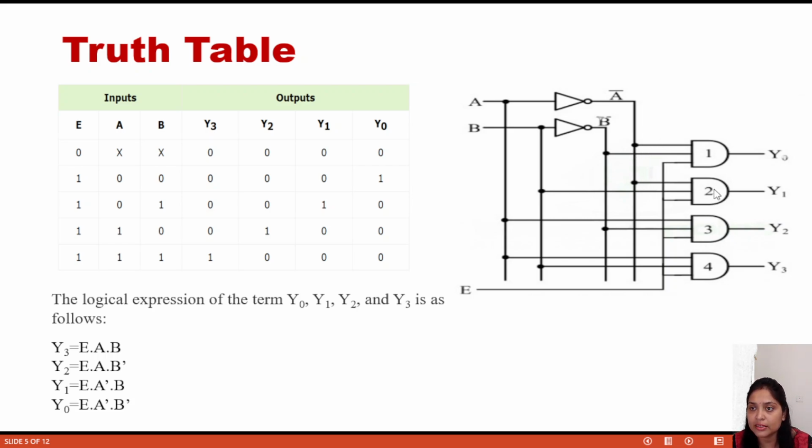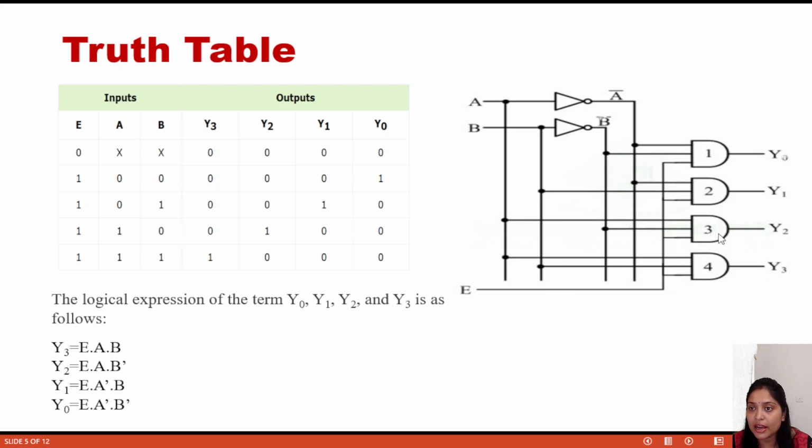Next, for AND gate 2, we will just check. This line is connected to A bar, which is 1, but this line is connected to B, which is 0. So this line goes to AND gate 2. One input is 0, that means the output of AND gate 2 is 0, in this condition when A and B equal 0-0.